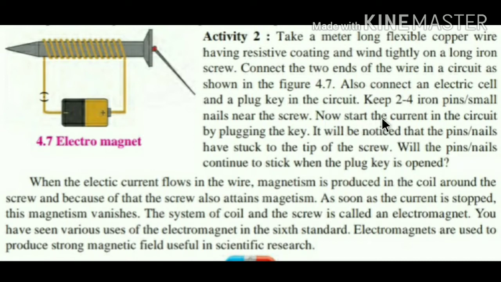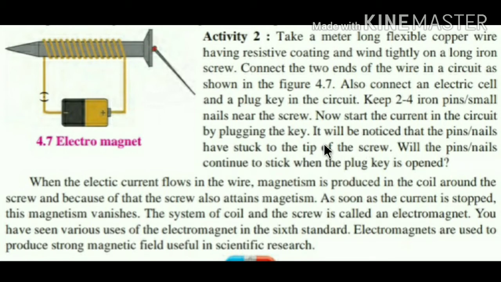Now start the current in the circuit by plugging the key. We start the current by closing the key, and we see that the current-carrying conductor shows magnetism.